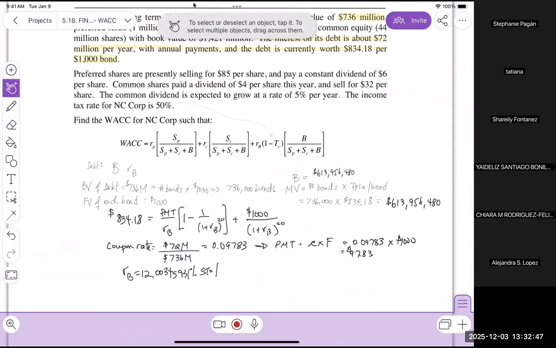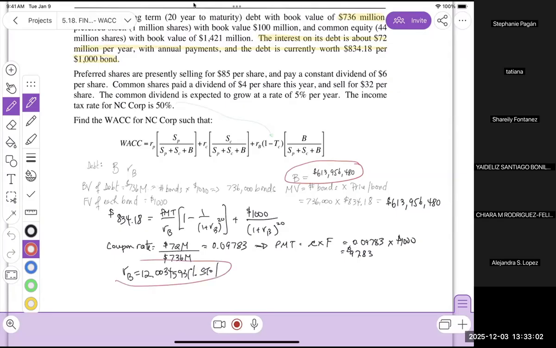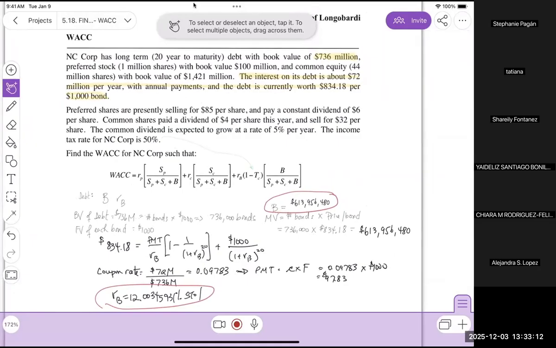Can you guys try and do equity without me? So we have B, which was this one, and RB is this one. Next is to extract the information on, what did I do here? Preferred shares, okay.